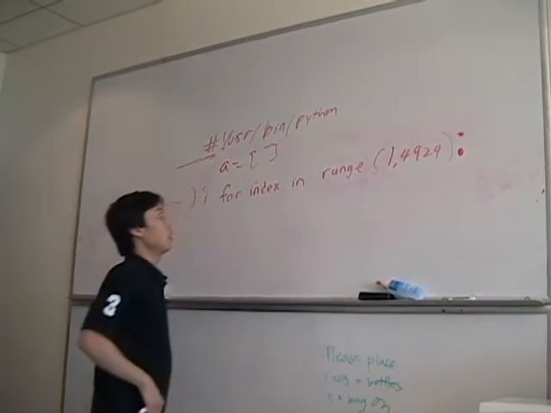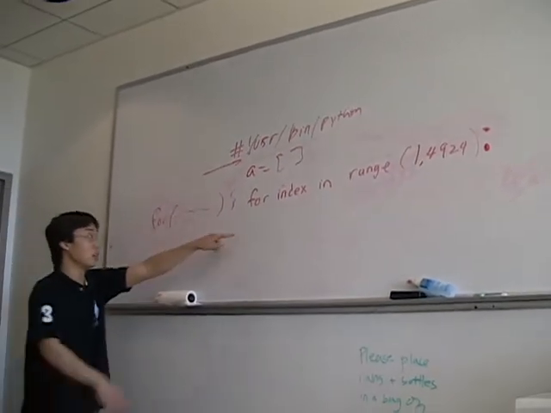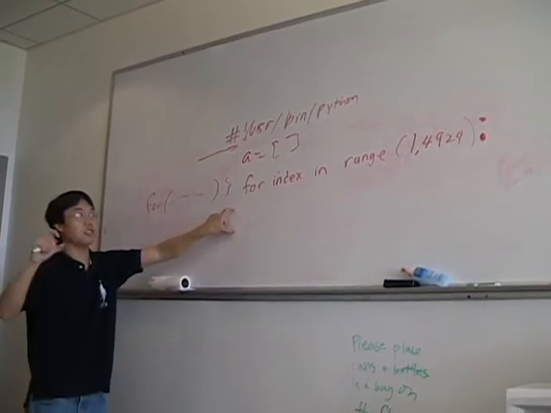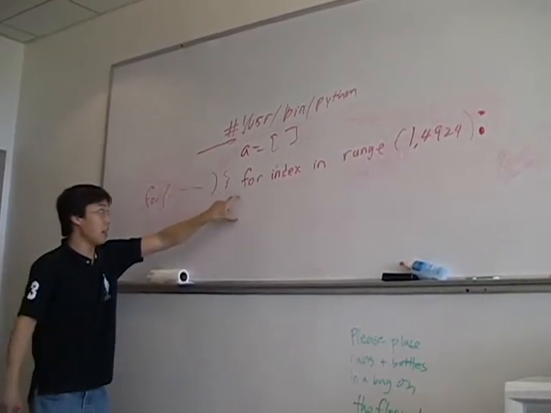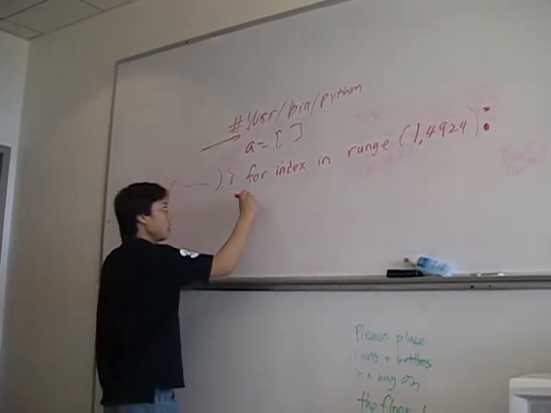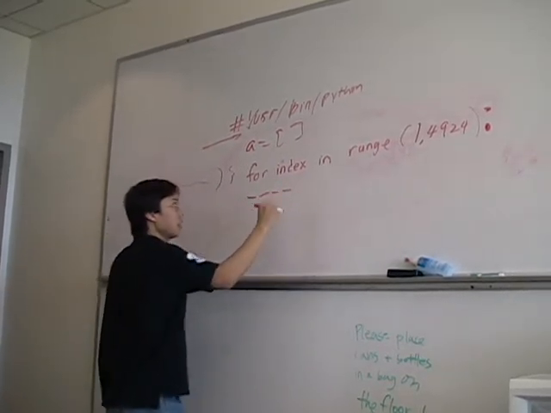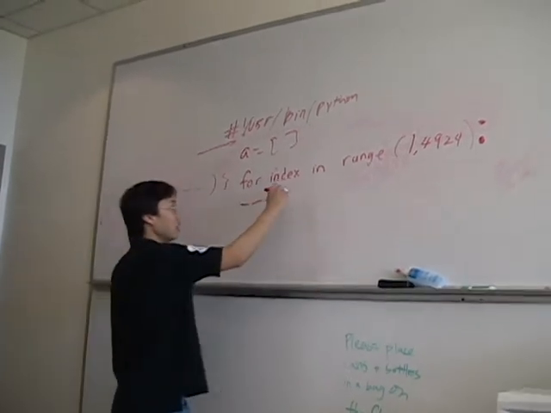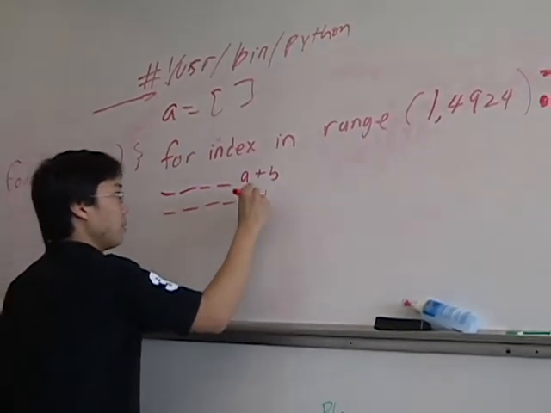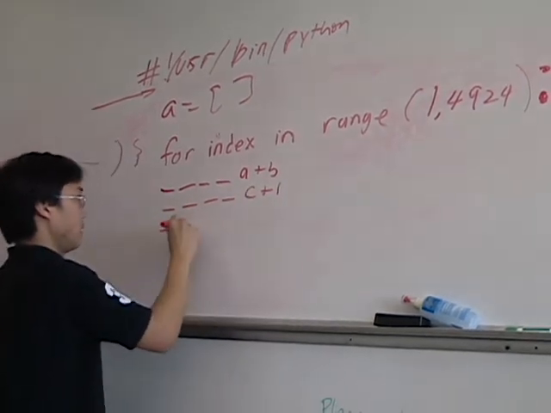Alright, so once you end a statement with a colon, you gotta indent. You might be tempted to use the tab, but function-wise, it has to be 4 spaces. So to indent, you gotta type in the spacebar 4 times, and that's how you indent. And then you can do your code. A plus B, C plus 1, etc.